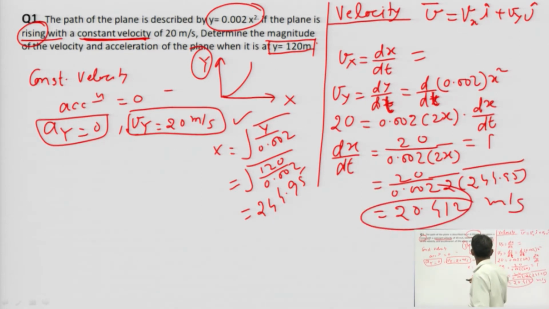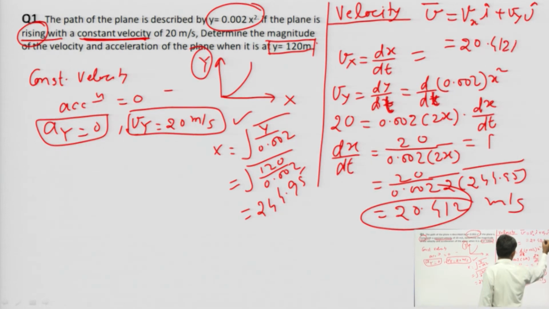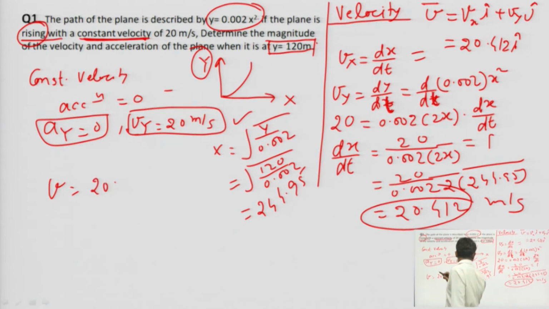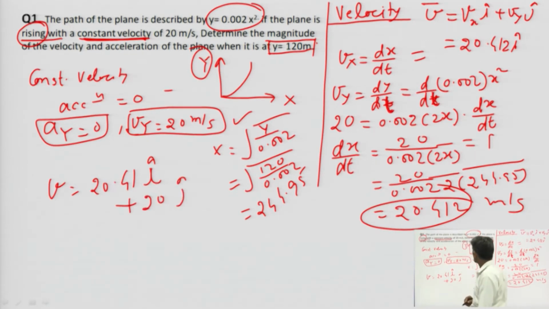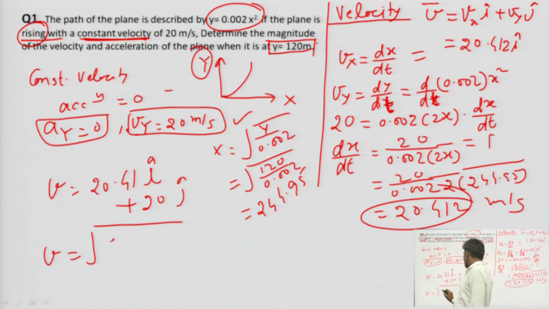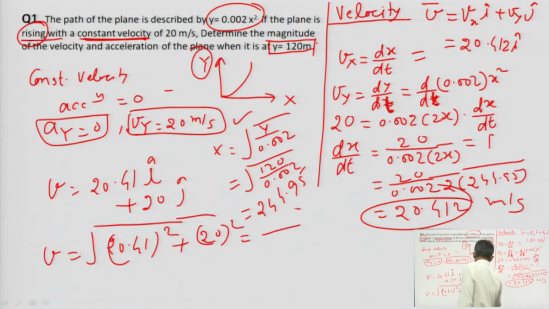So the velocity vector v is 20.412 i cap plus 20 j cap. If the magnitude is required, it is the square root of 20.41 square plus 20 square. Calculate the value.